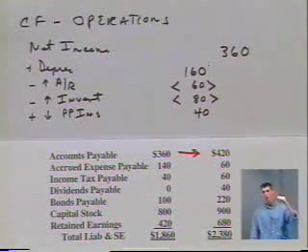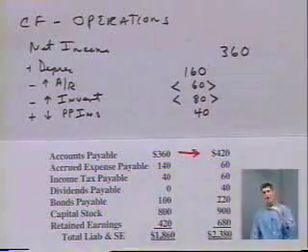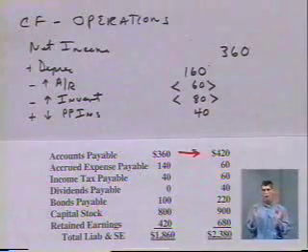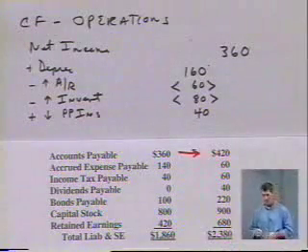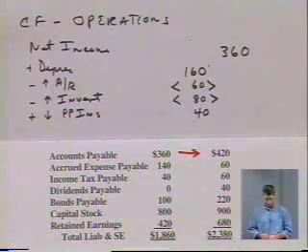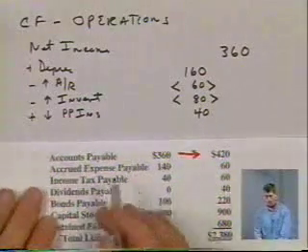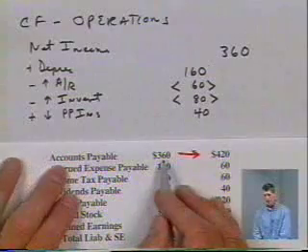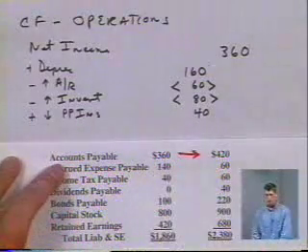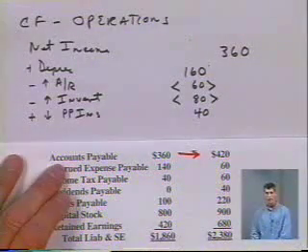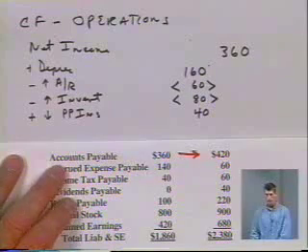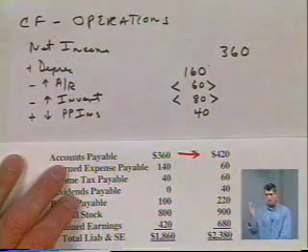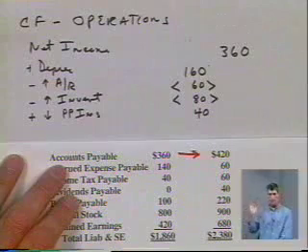And so it's very important to be very systematic about how you analyze all the information, and that's what we're trying to show right here. So this accounts payable, we have an increase in a short-term liability. An increase in a liability means it's as if they are making a loan to us. They're saying, pay us later.